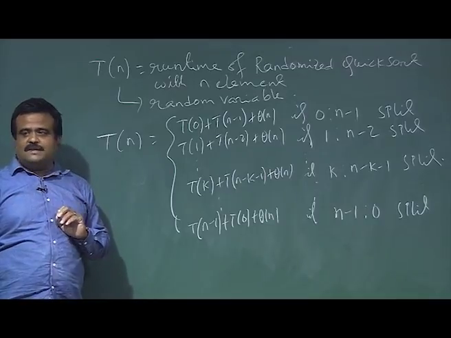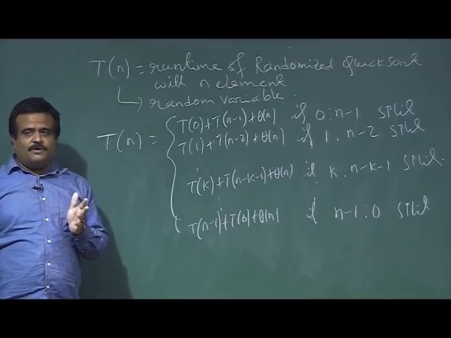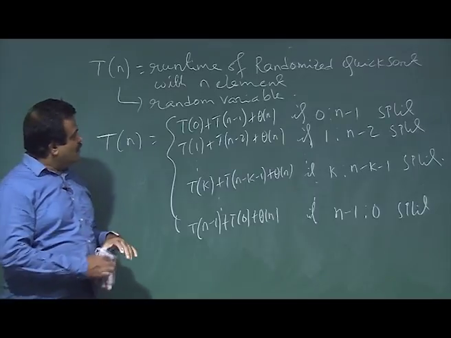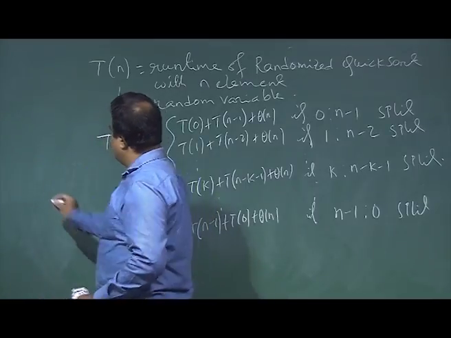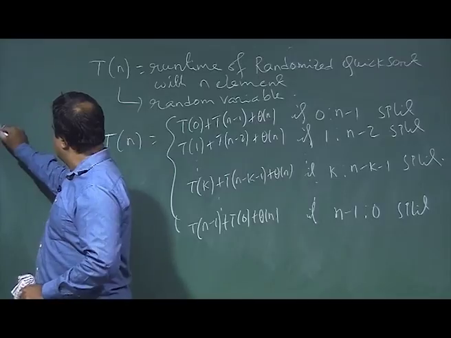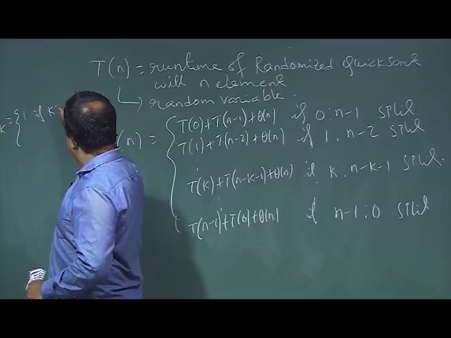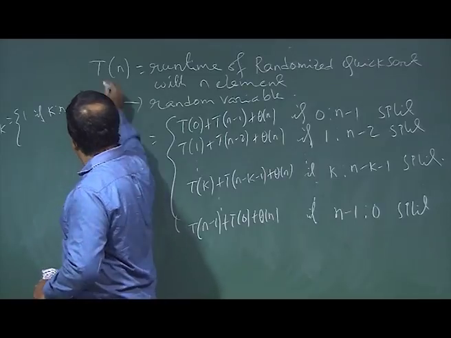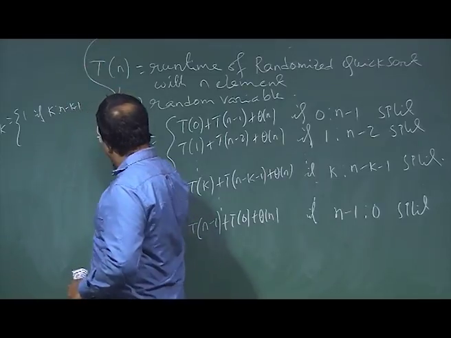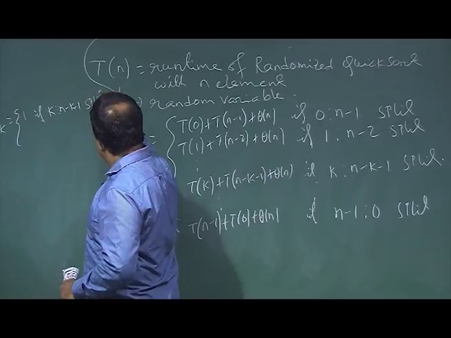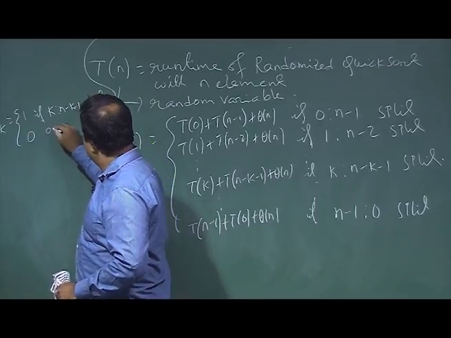To make it in algebraic form, we need to take help of what is called an indicator random variable. So, what is that? We define xk as 1 if the split is k and n minus k minus 1, otherwise 0.